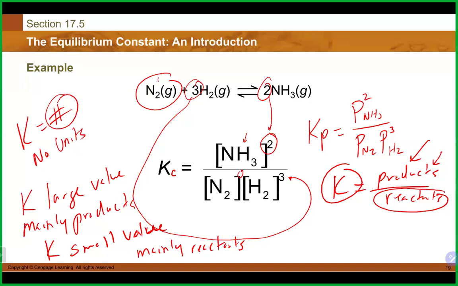So when we talk about something being a large value of K or small value of K, the big value is 1. Anything above 1 is considered a large value of K. Anything less than 1 is considered a small value. So higher than 1 is a large value, and anything less than that would be a small value. Any questions on that there?